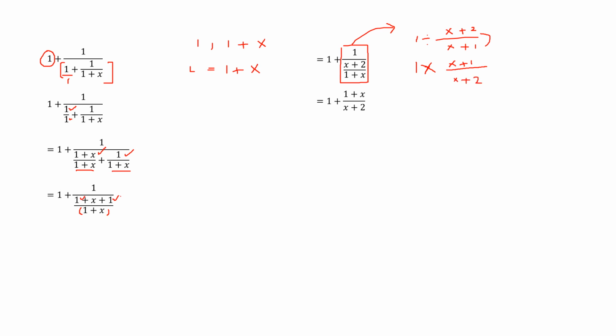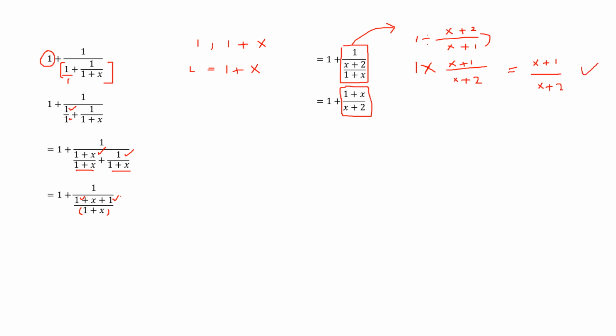Okay, and now after multiplication with 1, there will be no change because 1 is the multiplicative identity. It makes no difference to a number or to an expression when it is multiplied. So see, this 1 plus x or x plus 1 is actually this way.